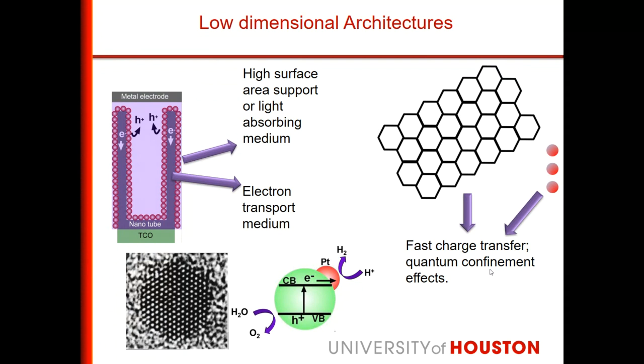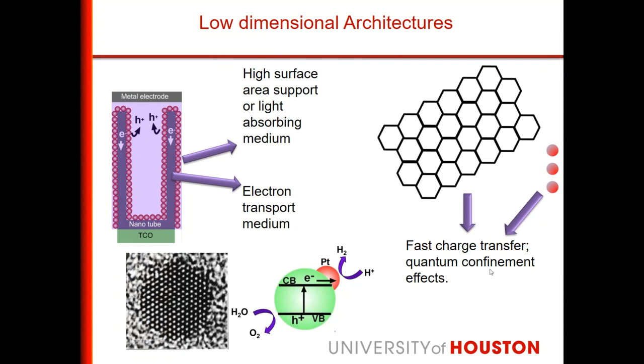For two-dimensional material, one example is graphene. All of you know graphene is exfoliated graphite. There are a lot of properties unique to graphene. We are not going into the graphene stuff today, but we are interested in some other materials, which are oxide semiconductors in the form of 2D materials.